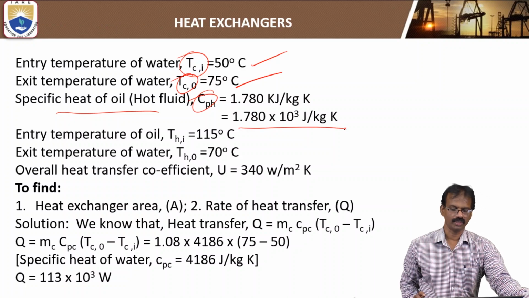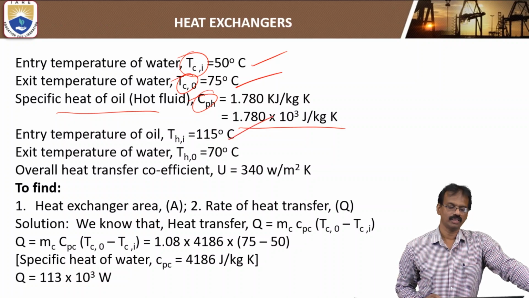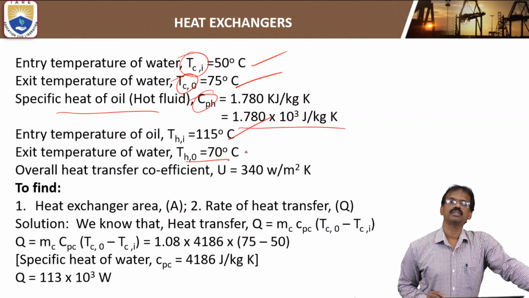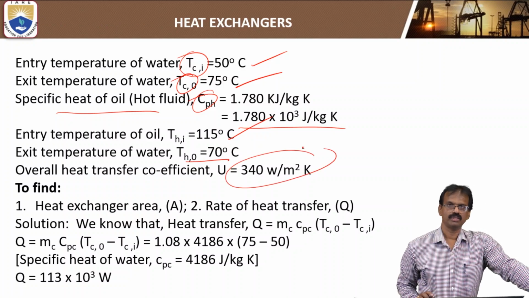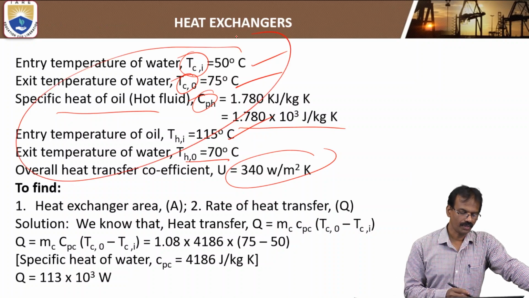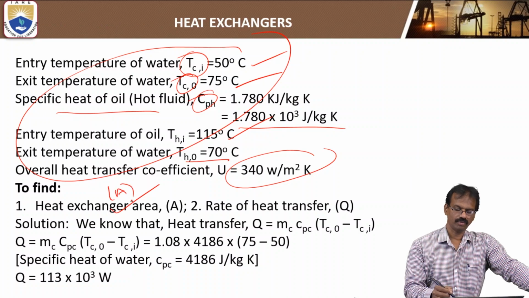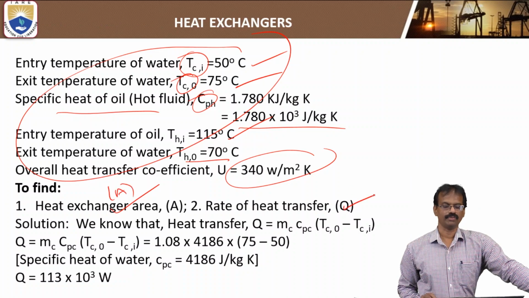Just convert into joule per kg Kelvin. Hot fluid enters at 115 degrees Celsius. Hot fluid outlet 70 degrees Celsius. And overall heat transfer coefficient 340. So this is the given data. Then you have to find out heat exchanger area A and the rate of heat transfer Q.